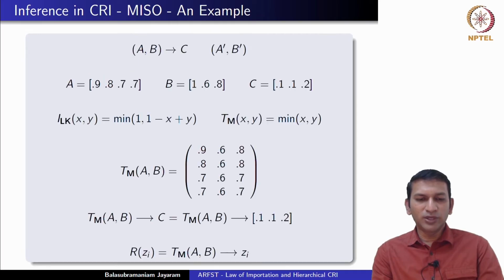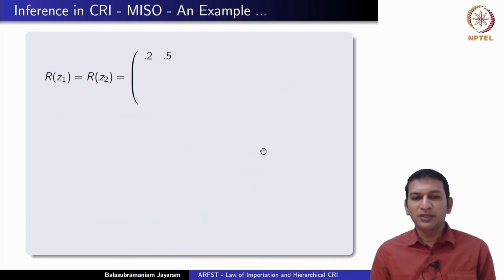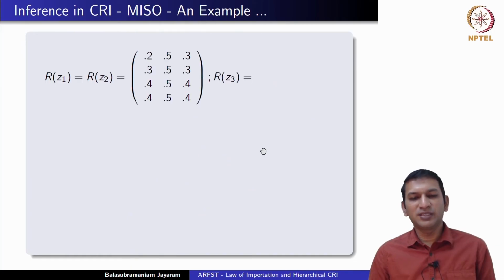Note that when we use the Lukasiewicz implication, it is the minimum of 1 and 1 minus x plus y. So when you take 0.9 and 0.1, it is 1 minus 0.9 plus 0.1, which is 0.2. When you use 0.6 and 0.1, it is 1 minus 0.6 plus 0.1, which is 0.5. So that is how we obtain this matrix.